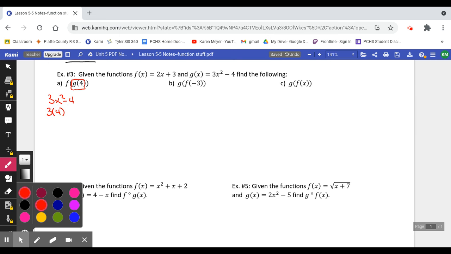Remember, you must do squares before you multiply. So take 4 squared, which is 16, then 16 times 3, which is 48, and 48 minus 4 is 44.